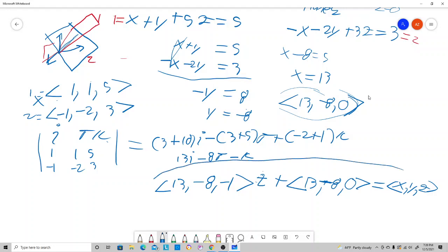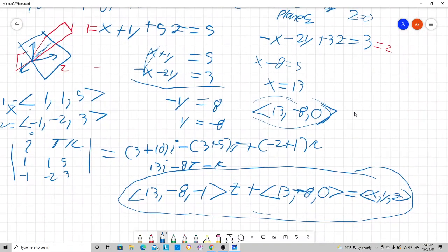That's the equation of the line in vector form. You could always turn this into parametric form, but I'm going to leave it as is.